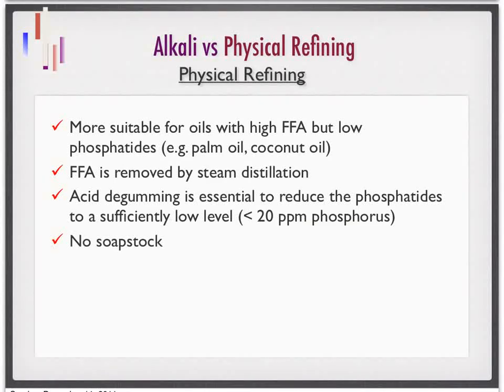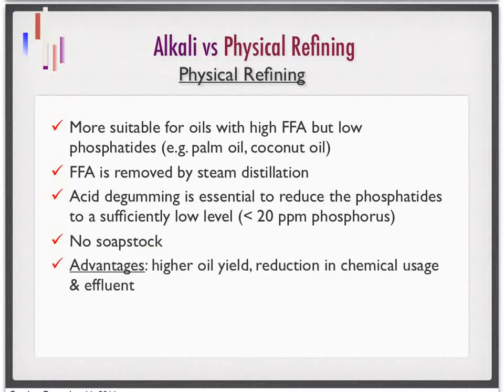And because we use steam to remove the free fatty acid, no soap stock is produced, unlike in alkali refining, where the free fatty acid is reacted with the alkali to produce a soap stock. So in general, we can say some of the advantages of physical refining are that we can get a higher oil yield, and we can get a reduction in chemical usage, and also less problem in waste treatment.